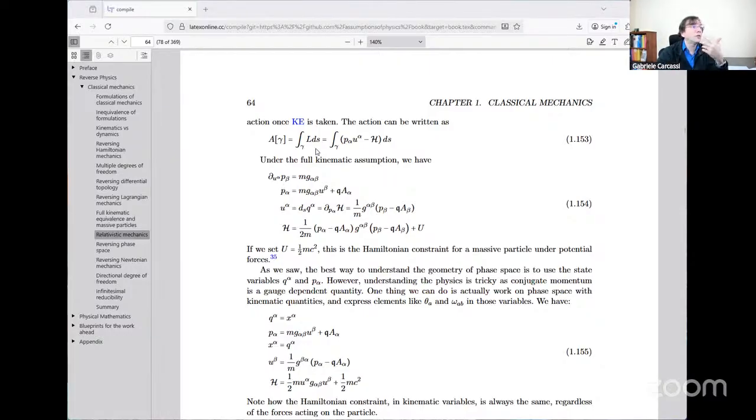The measures these things give you are absolutely continuous with respect to the Liouville measure, which is the volume form you get from the symplectic structure.